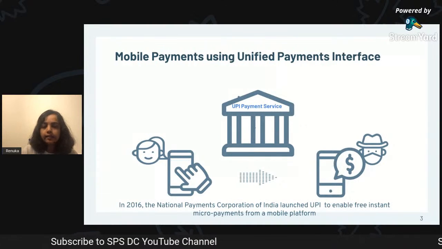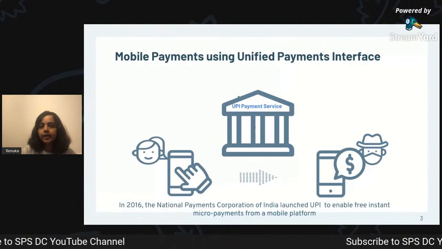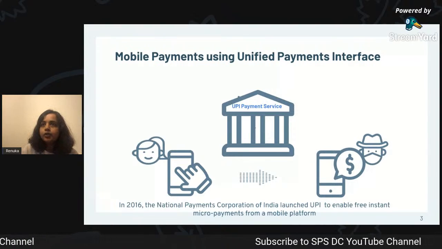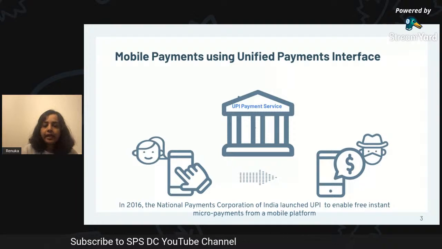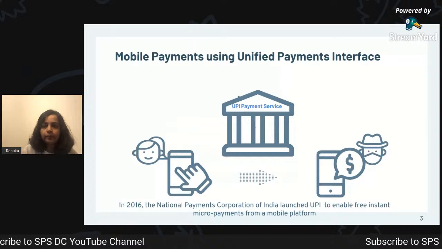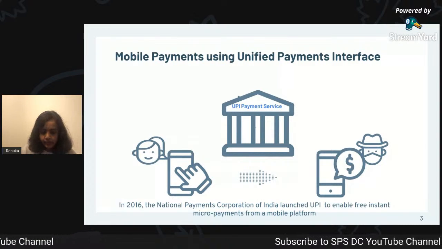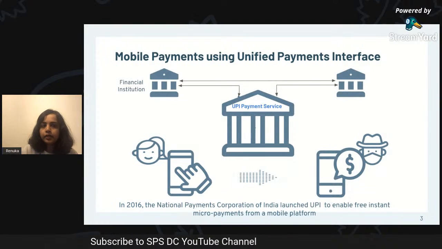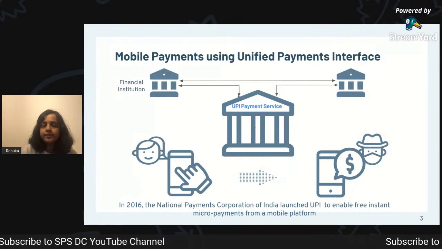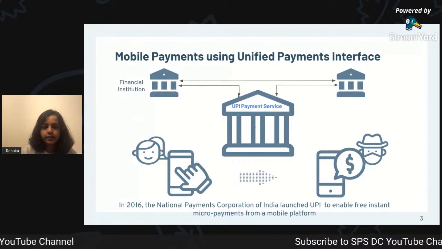In 2016, the National Payments Corporation of India, or NPCI, launched UPI to facilitate free and instant micropayments from a mobile platform. The backend infrastructure they released is called UPI. UPI is nothing but a shared backend infrastructure that facilitated bank-to-bank transactions.